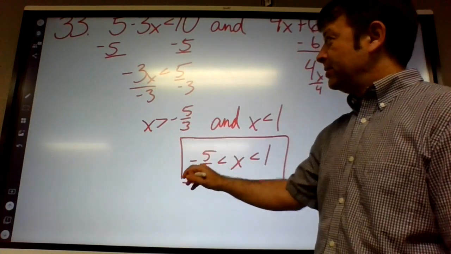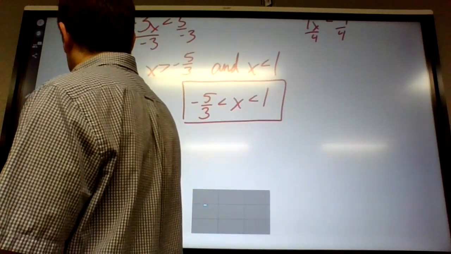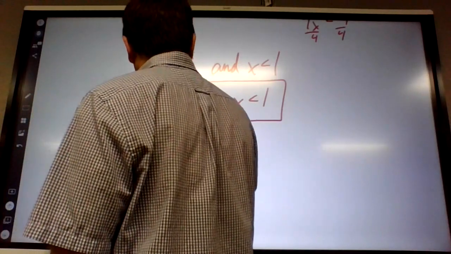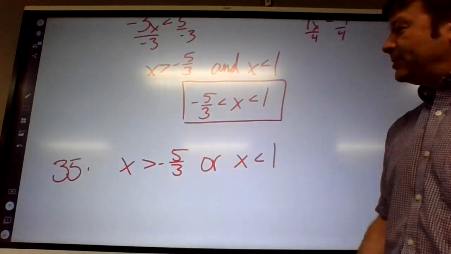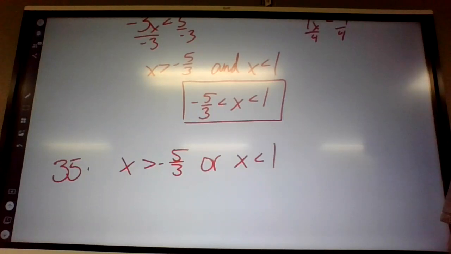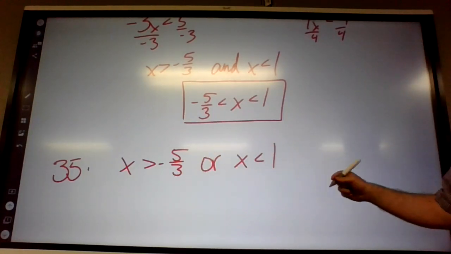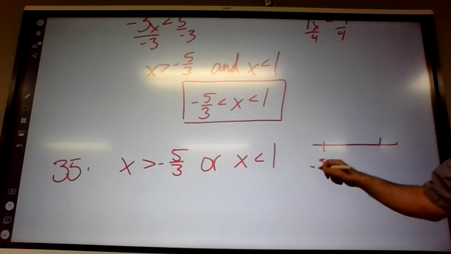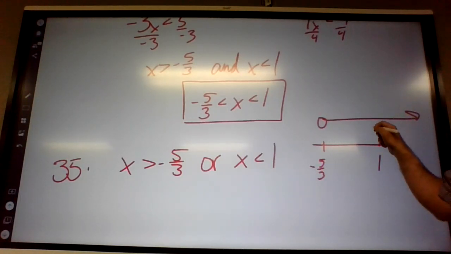Alright, the good news on 35 is we don't really have to solve again, because they wrote everything down the same, they just put it in or in the middle. So what numbers are greater than negative 5/3 or less than 1? What numbers would this include?